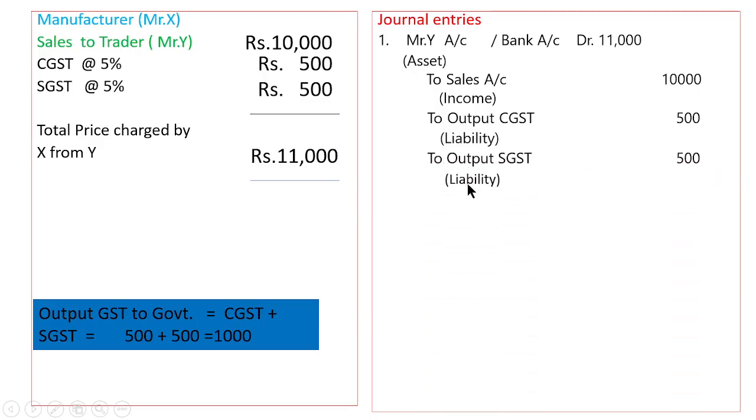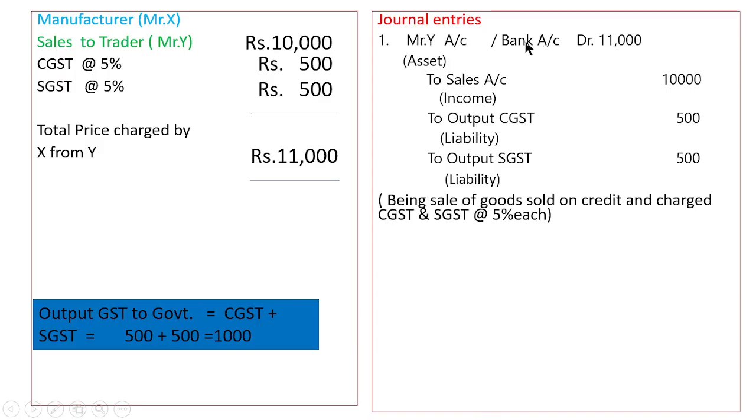That is also a liability towards the government. So the journal entry is Mr. Y account or bank account debit, to sales account, to output CGST, to output SGST. The narration is: being sale of goods sold on credit and charged CGST and SGST at 5% each.